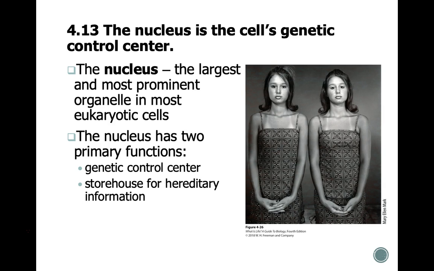This means that it's the location of our DNA. So it houses the instructions for the building and the functioning and the maintaining of the cell, which means that the nucleus, where our DNA is being stored, is critical to the function of all of our cells.